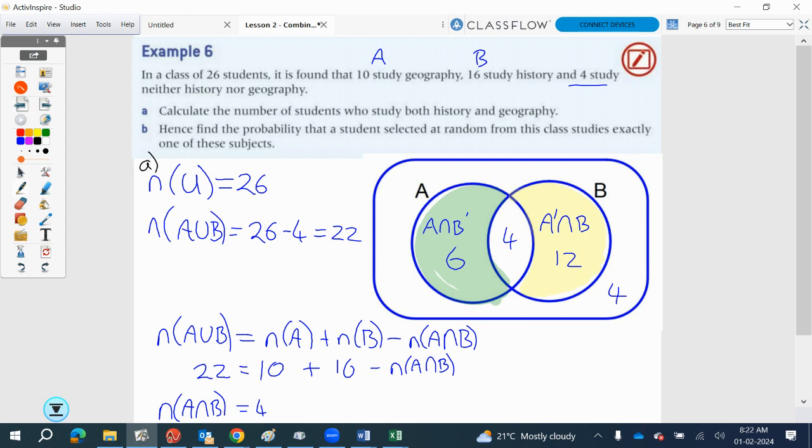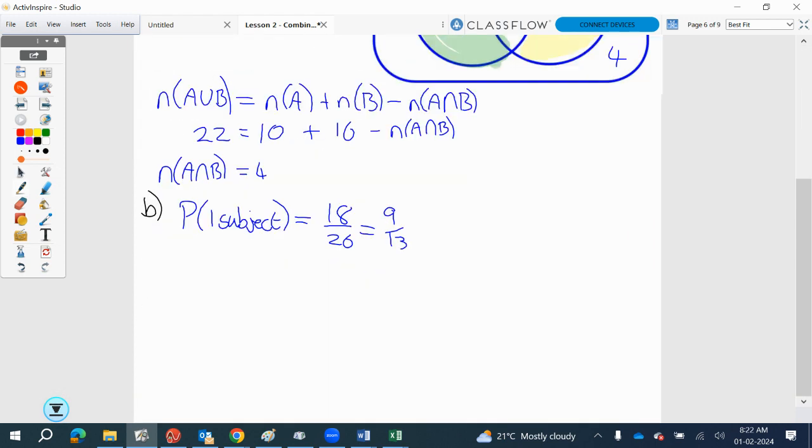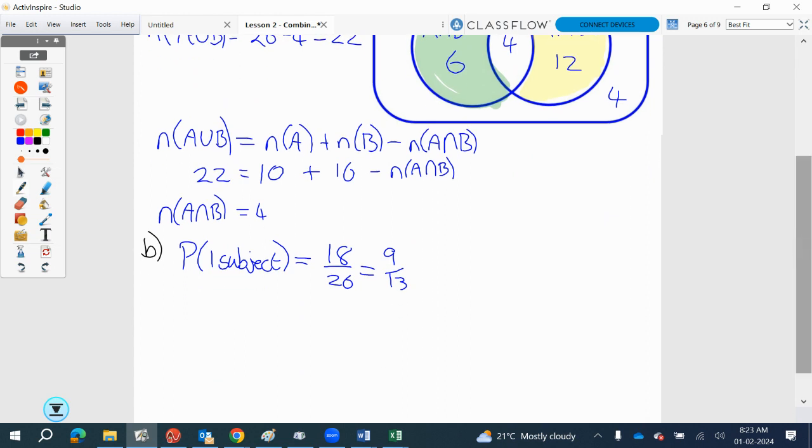Okay. So, in this Venn diagram, are the events independent? So, what is the probability of A times the probability of B? How many students choose geography?